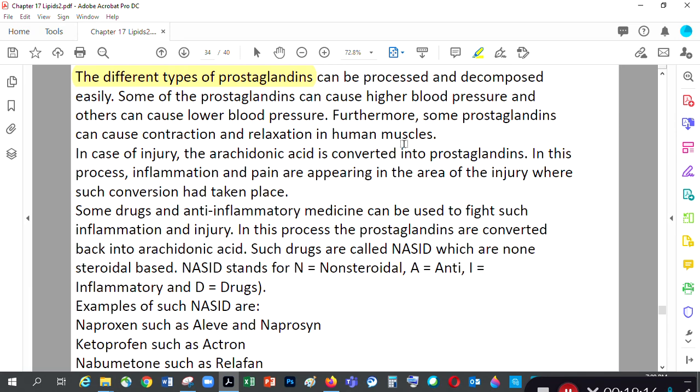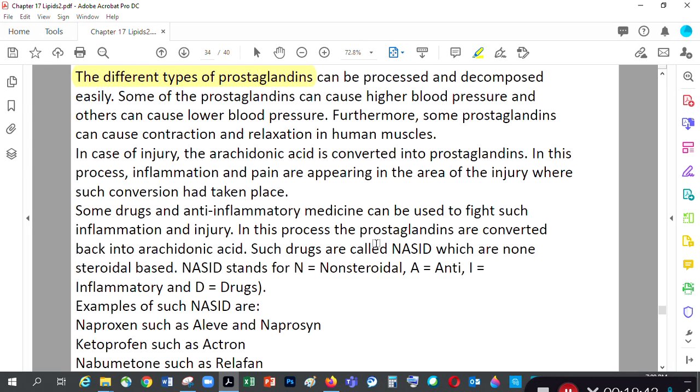And you can see in case of an injury, the arachidonic acid is converted into prostaglandins. In this process, inflammation and pain appear in the area of the injury where such conversion has taken place. So some drugs and anti-inflammatory medicine can be used to fight such inflammation and injury.